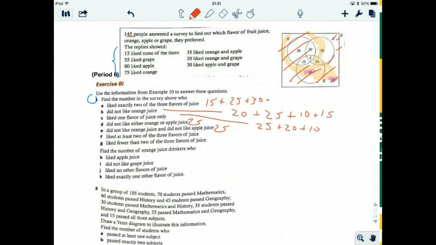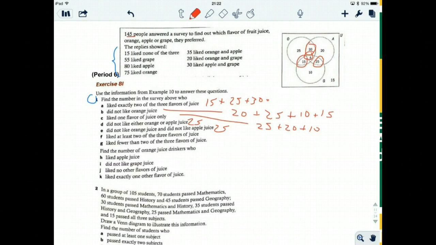Liked at least 2 of the 3 flavors. So 2 of the 3 flavors would mean they liked orange and apple, or they liked apple and grape, or they liked orange and grape. And so it says at least 2 of 3 flavors, and that would include the 5 also.